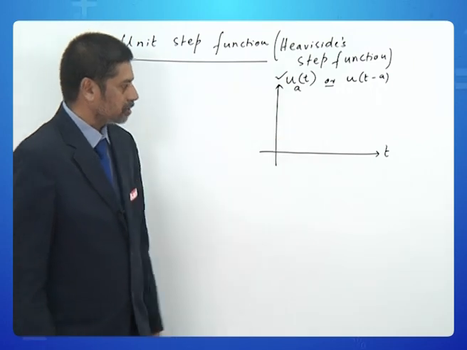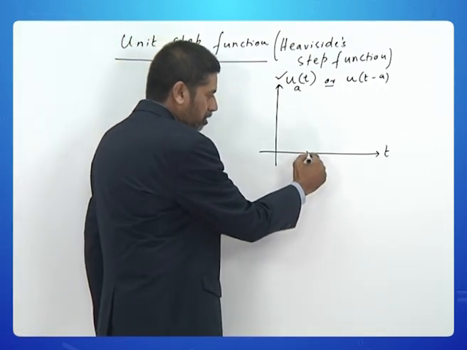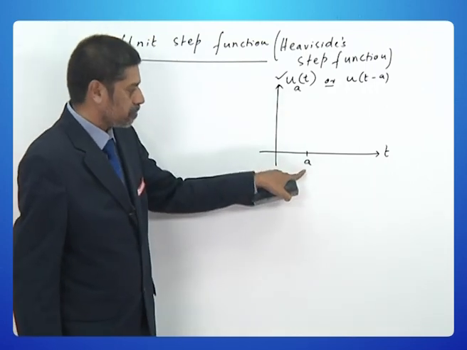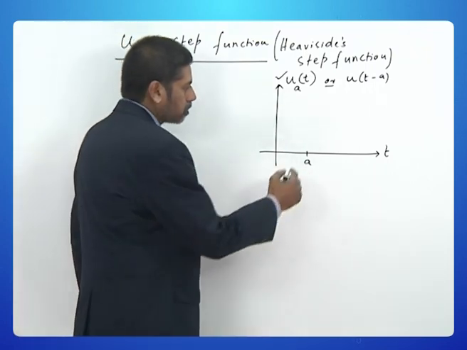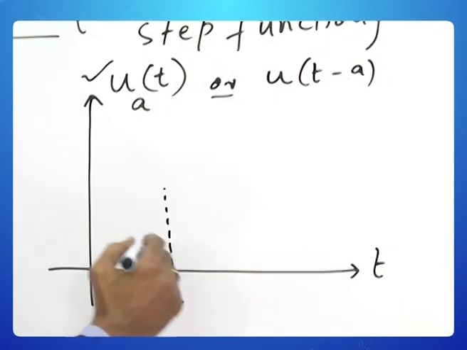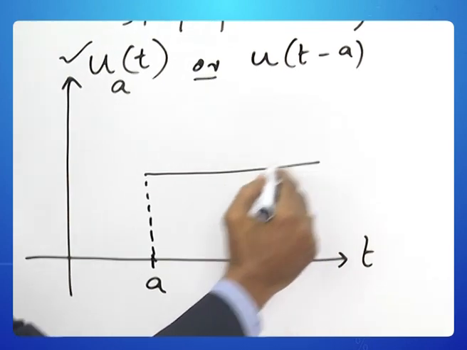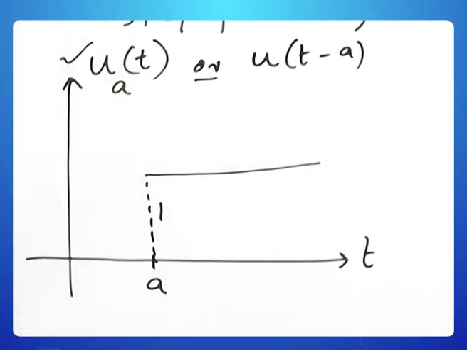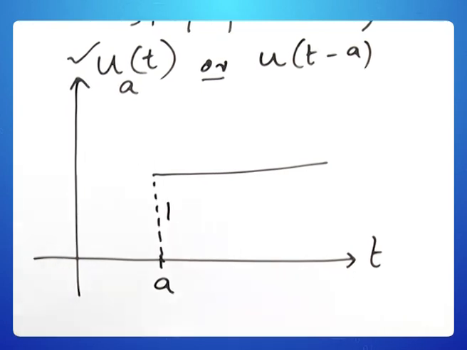Now what is this definition? On the time axis, let us say a is a value. After a there is a jump, and what is the height of this jump? It is 1 unit. So there will be no signal between 0 to a.